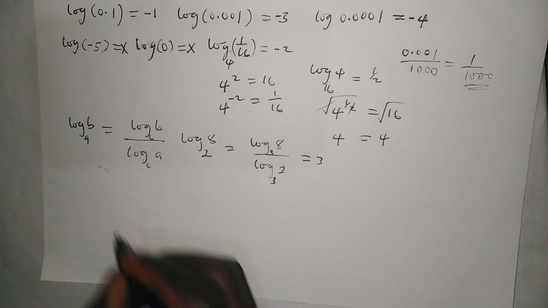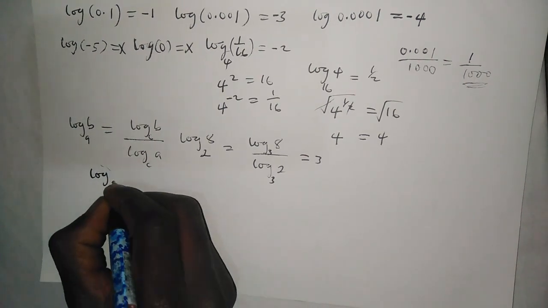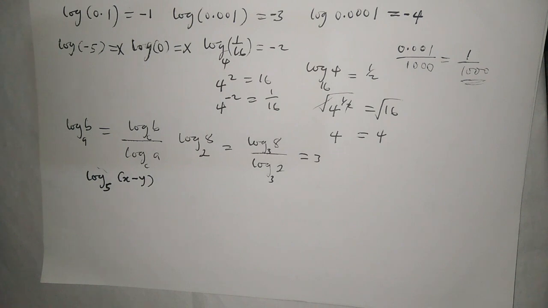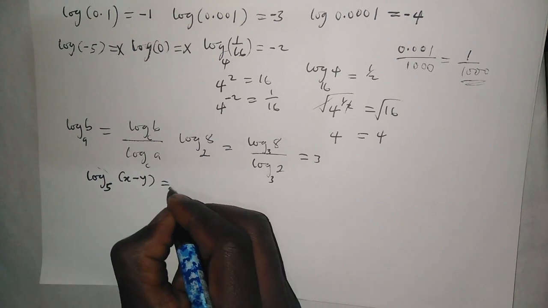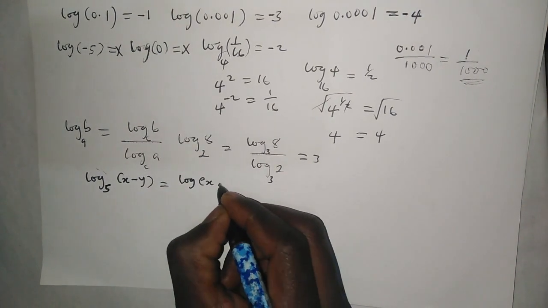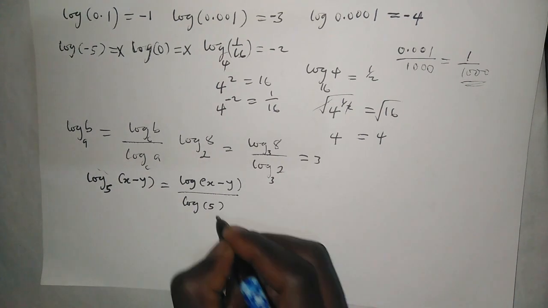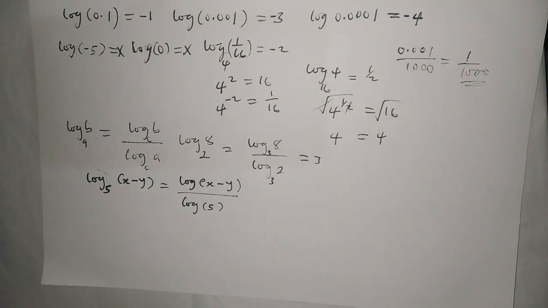Now let's use change of base formula to convert a log to a natural log. Take, for instance, we have log 5 of x minus y. Now to change this log to a natural log using change of base formula, we simply say log of x minus y all over log 5. Give it the same base. We change the base but make it the same.